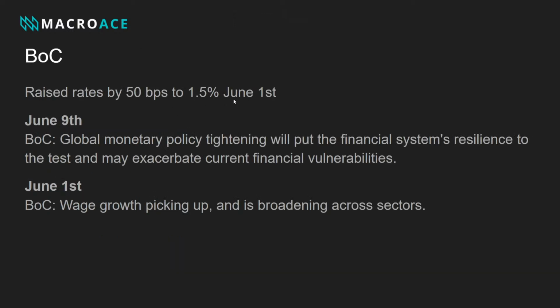So Bank of Canada said the global monetary policy tightening will put financial systems' resilience to the test and could also exacerbate current financial vulnerabilities. And on June 1st, they had said that wage growth is picking up and is broadening across sectors. So that wasn't the rate decision when we had that on June 1st.